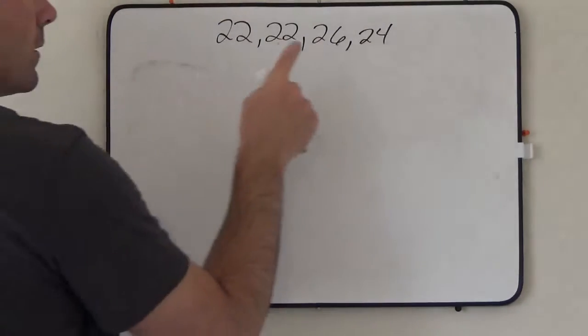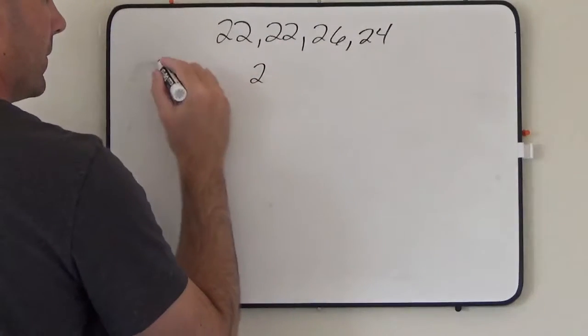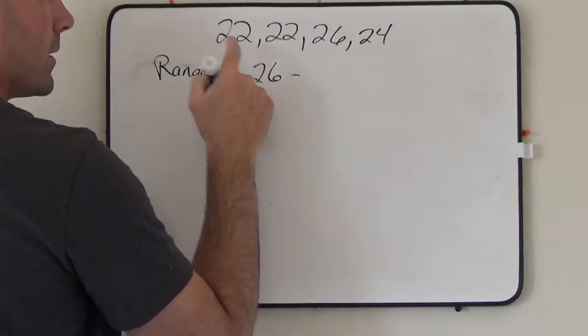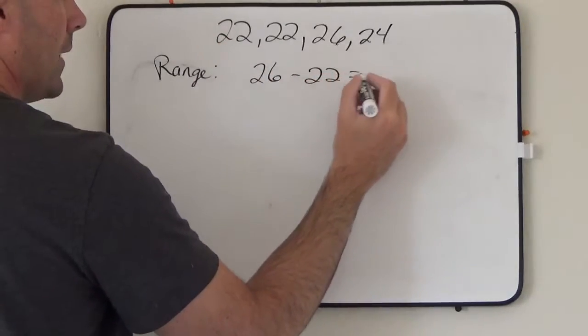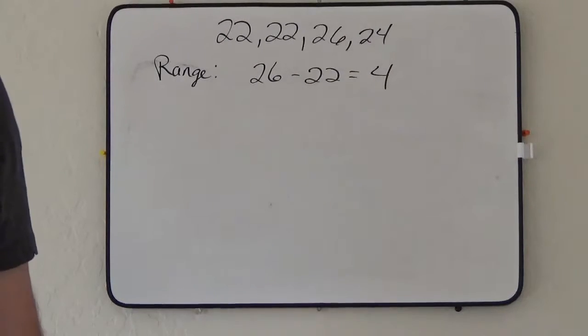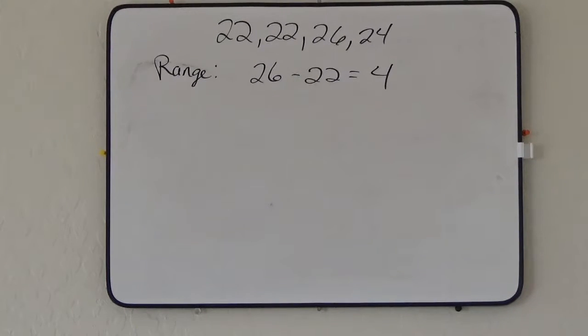Well, the range would be the largest number, 26, minus the smallest number, 22, and that gives me 4. That means the range of numbers is 4. That's its spread. The number spread only 4 numbers wide, okay? So that's variance. That's the simplest form of variance, okay?